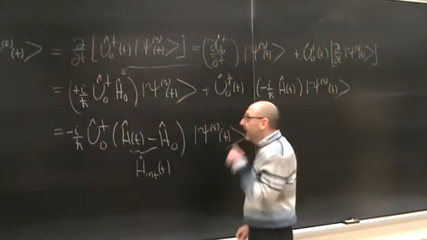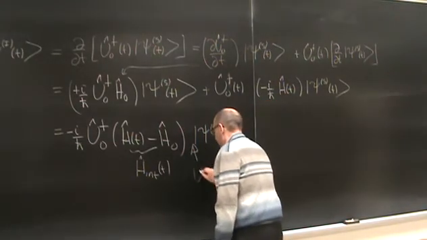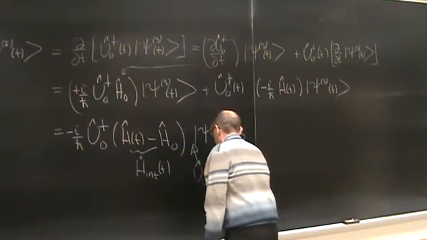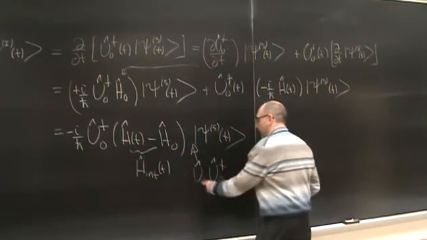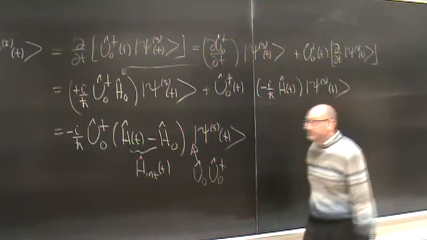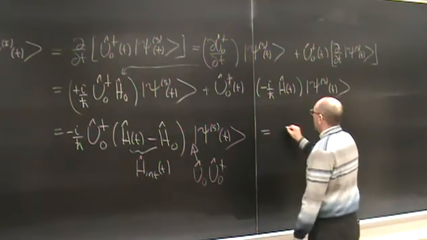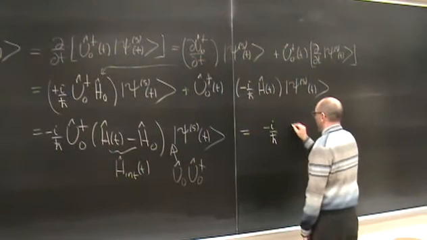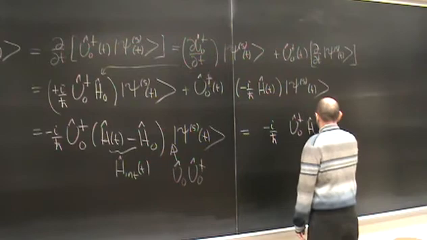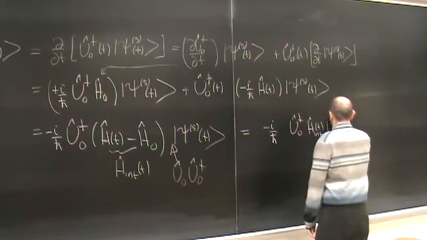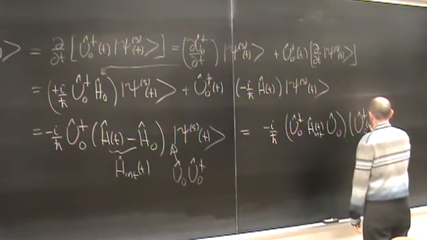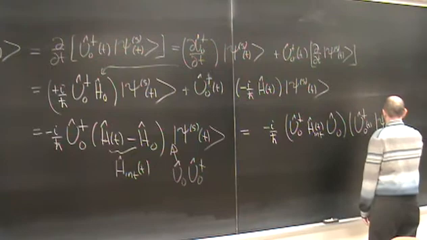And now finally, I have the liberty to introduce a U0 dagger here. That's the identity, so I can do that. That gives me minus i over h bar, U0 dagger, H int of t, U0, acting on U0 dagger of t on the Schrödinger state.